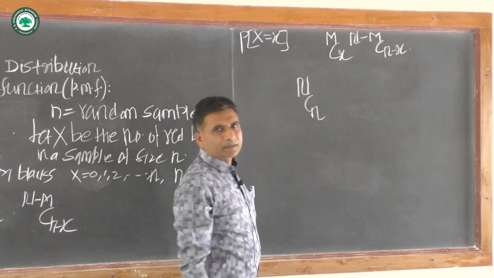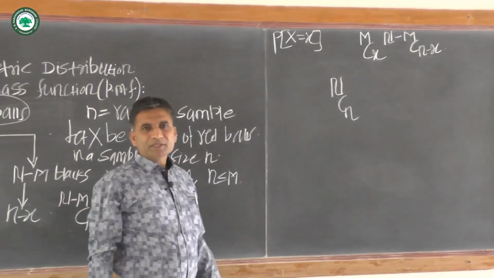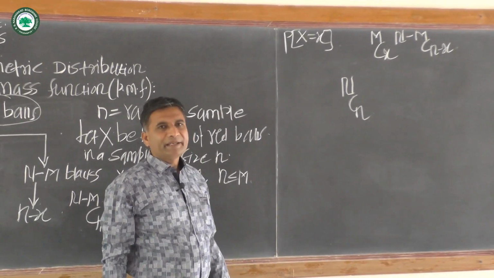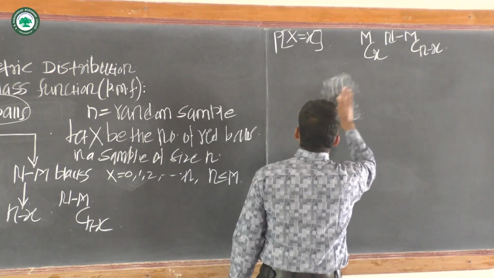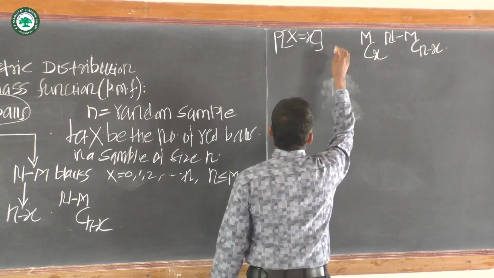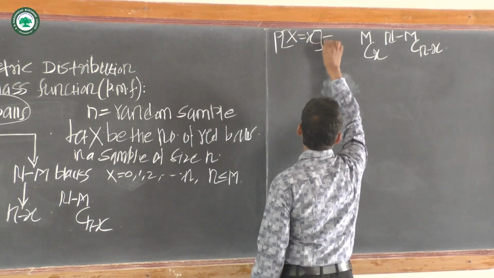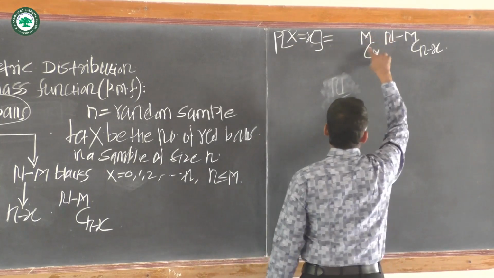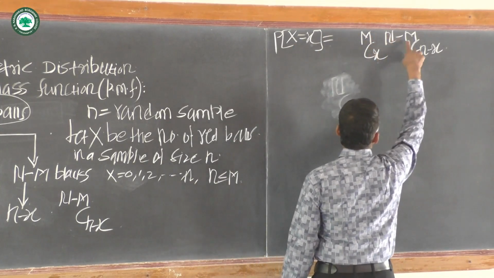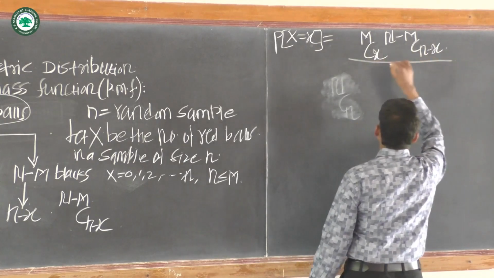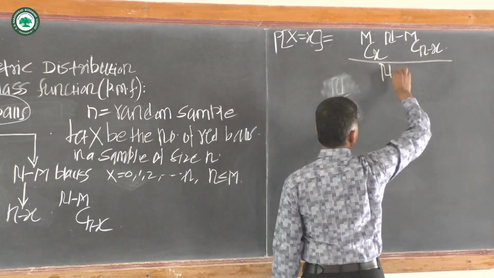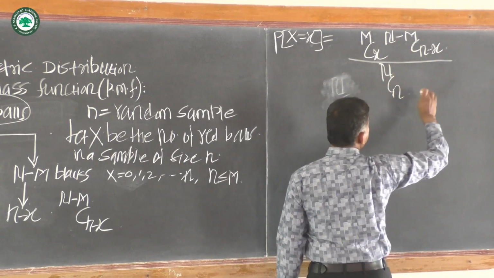Now, by using the definition of probability of an event, we get the probability of random variable x equal to small x, which is equal to MCx into (N minus M)C(n minus x) upon NCn.